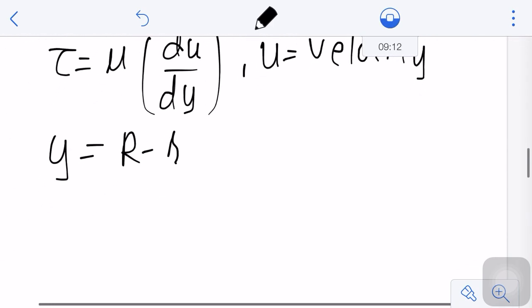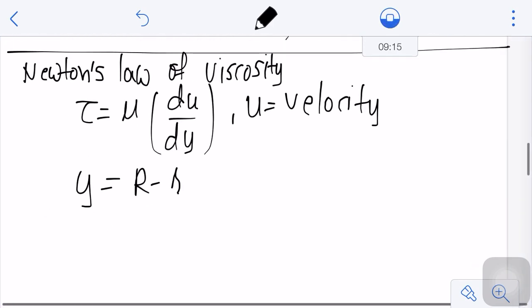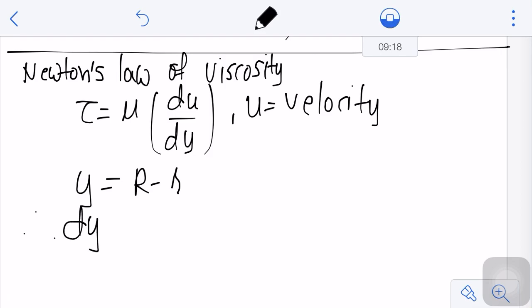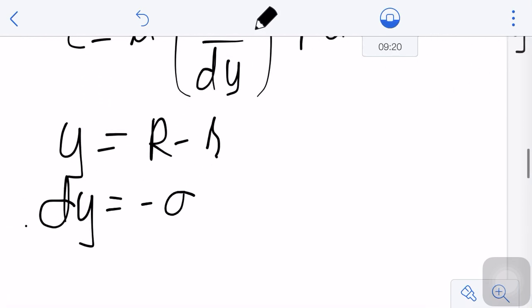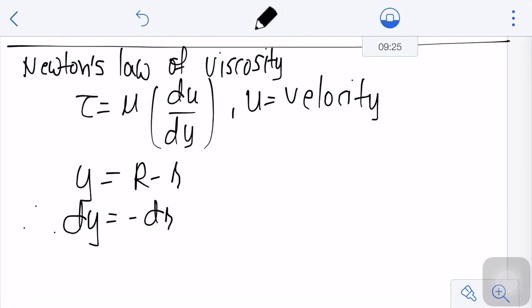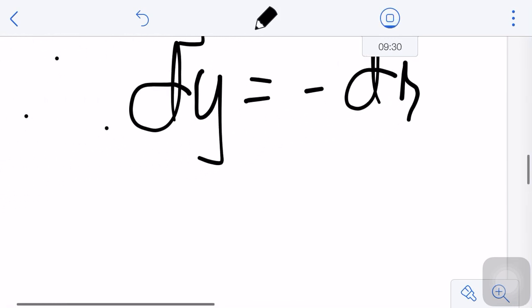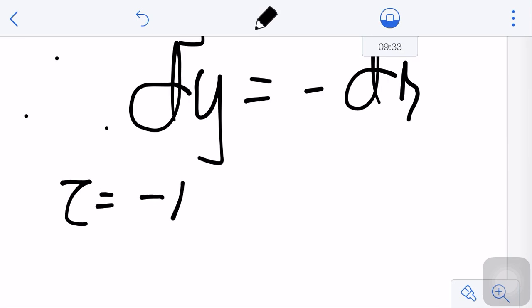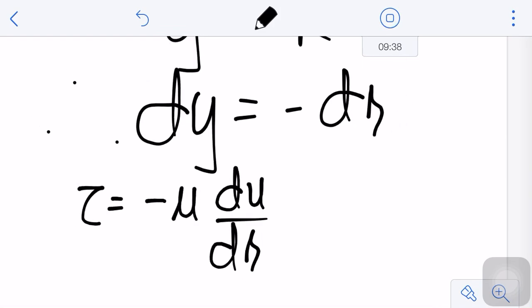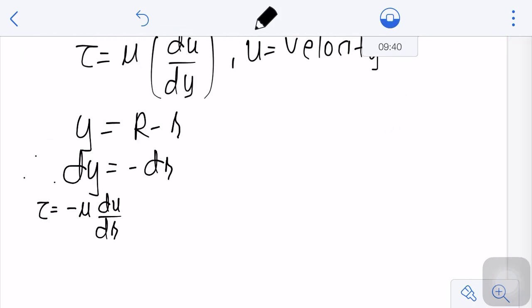If we take the value of dy, it will be equal to minus dr. We can substitute this value of dy into this equation of tau. So we will get tau is equal to minus mu into du upon dr, right. We can also substitute the value of tau from our shear stress distribution equation, and further simplify this equation to get our velocity distribution.